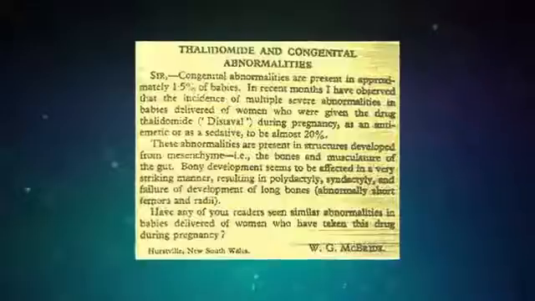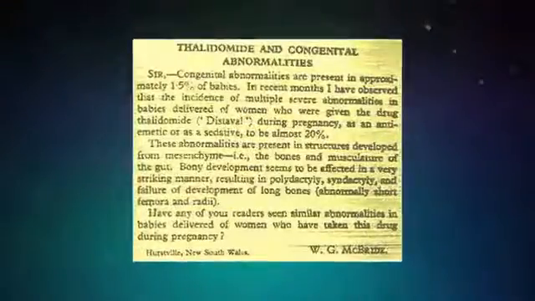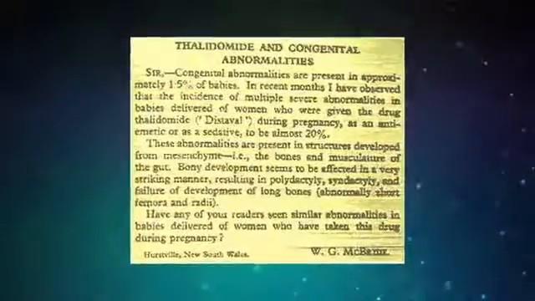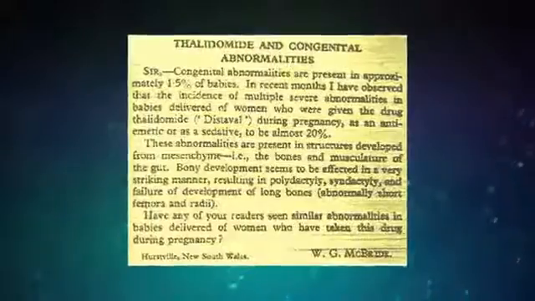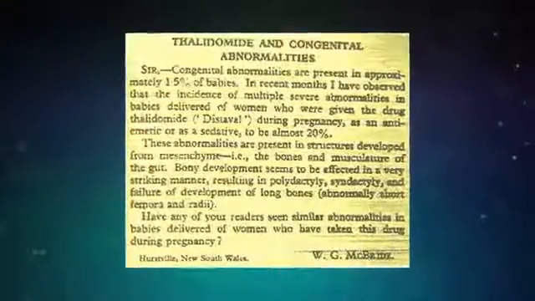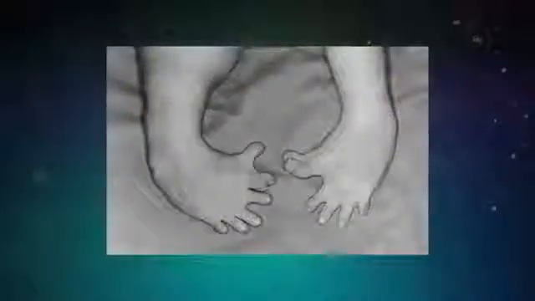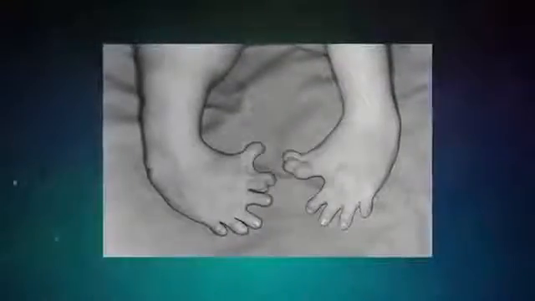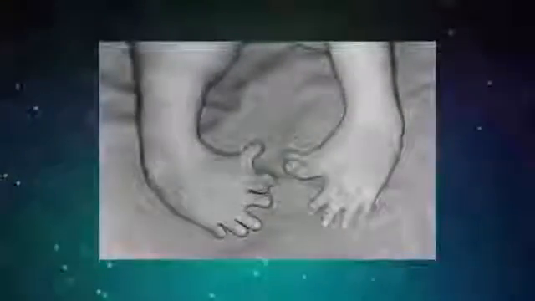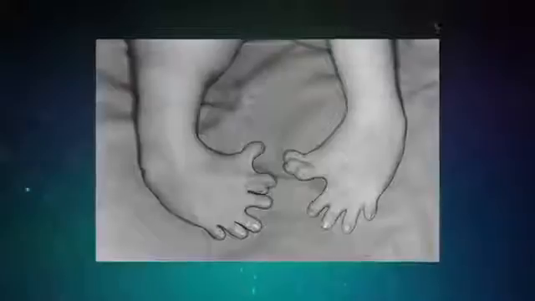In 1961, McBride began to associate this so-called harmless compound with severe birth defects in the babies he delivered. Investigation found that the drug interfered with the baby's normal development, causing many of them to be born with shortened, absent, or flipper-like limbs.